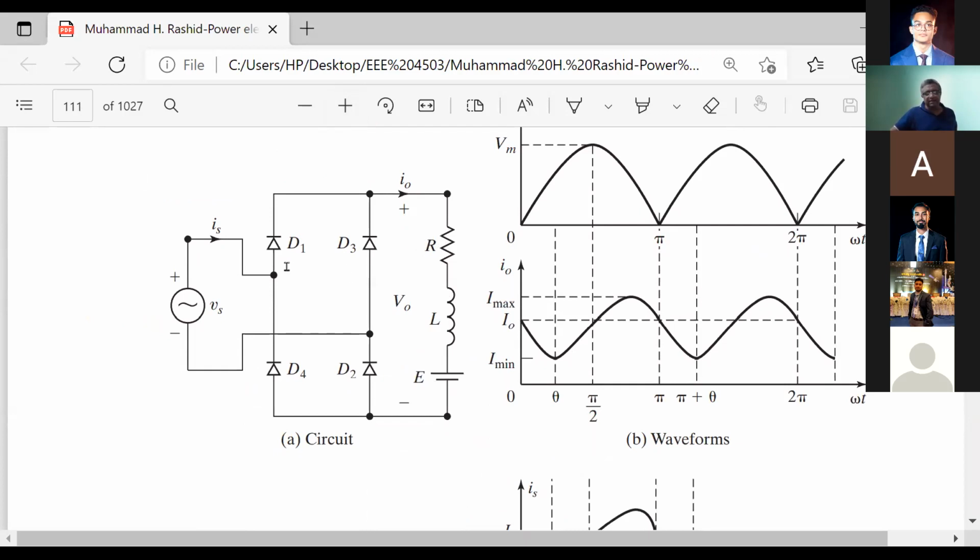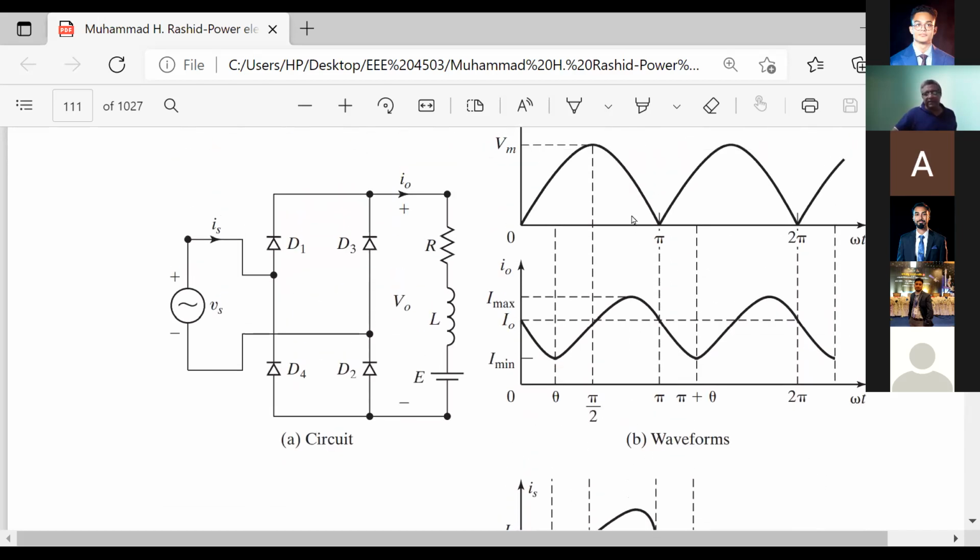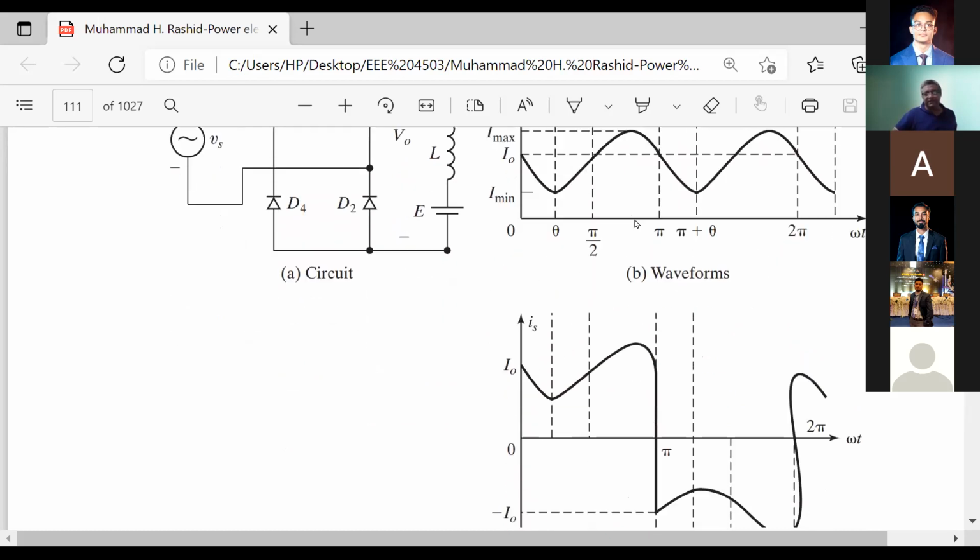Then D1 and D2 will be conducting for the positive half cycle, and D3 and D4 will be conducting for the negative half cycle. Since there is R and L and also a back EMF, we will get not exactly constant current, rather there is a fluctuation of the current ID. And with that, up to the positive half cycle, IS will be the same as the ID.